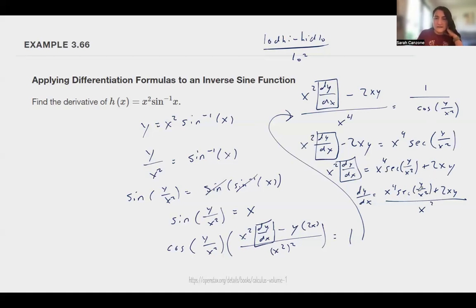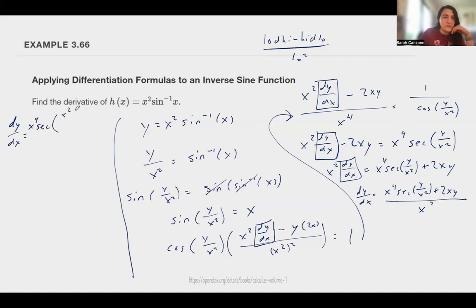All right, and the last step could just be everywhere you see a y, you plug in your original function. So I'm going to plug it in over here and just rewrite our final answer. So we have dy dx equals x to the fourth secant of, it's y, but it's actually this whole function.